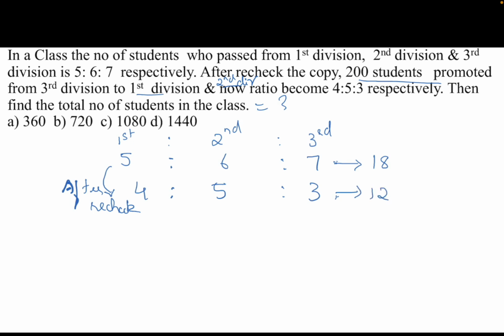Students are circulating inside first, second and third division itself, isn't it? They have not gone anywhere outside. So the number of students should be the same in both ratios, but it is not the same. So we will make it the same.